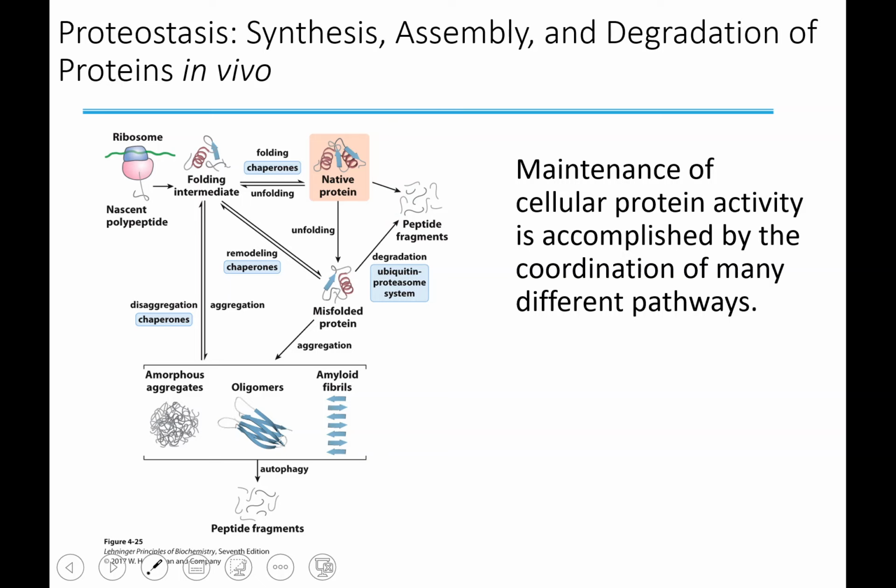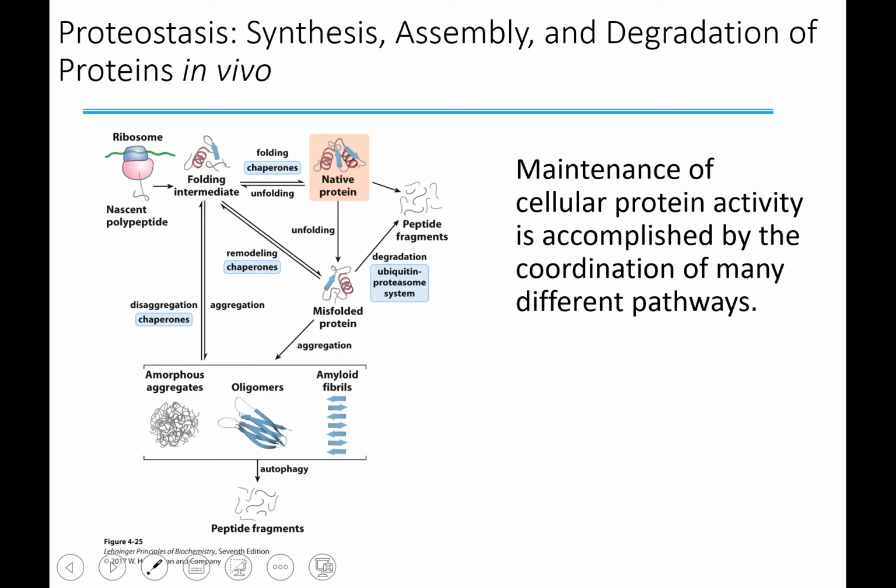Okay, this native protein can unfold back into the intermediate. It can unfold into what's known as a misfolded protein, and we think of a folding intermediate and the native state as being in equilibrium. You can go back and forth, but a misfold is one direction. Once the native protein goes into that misfold, it can't just go back to the native protein in a single step.